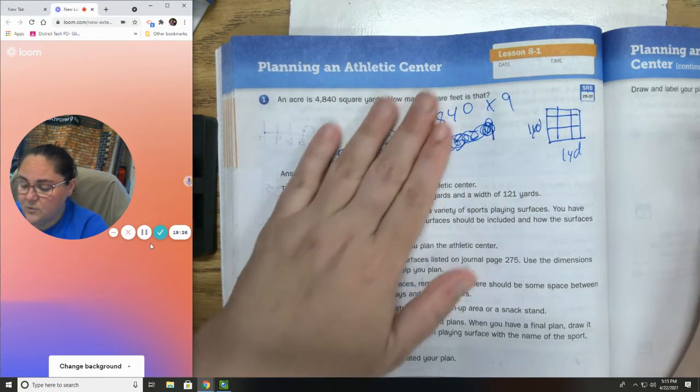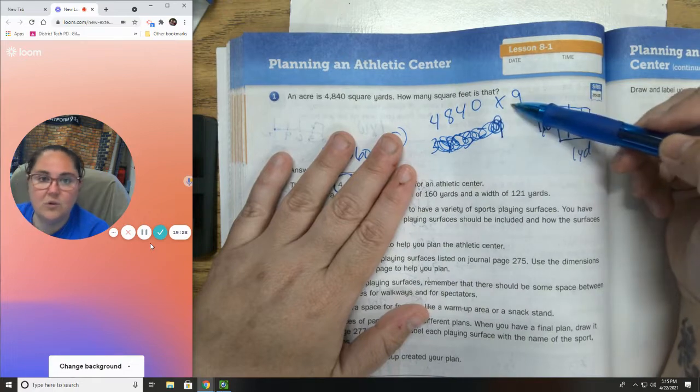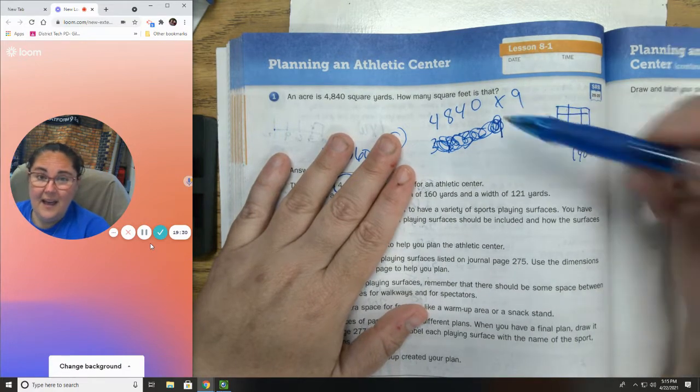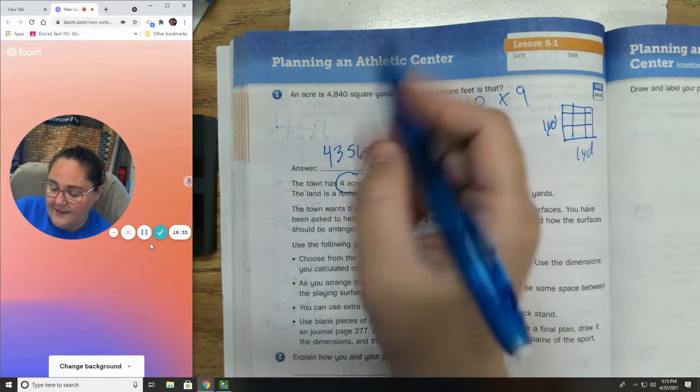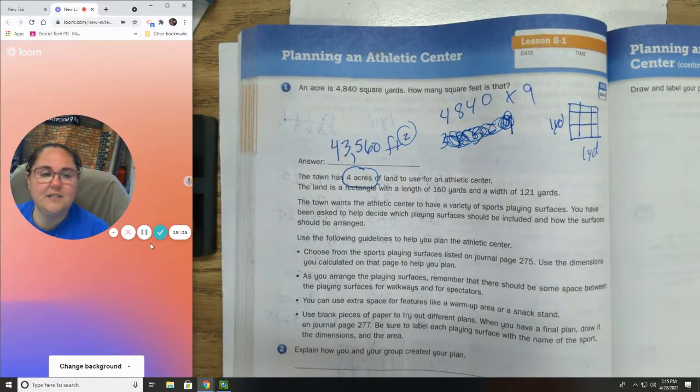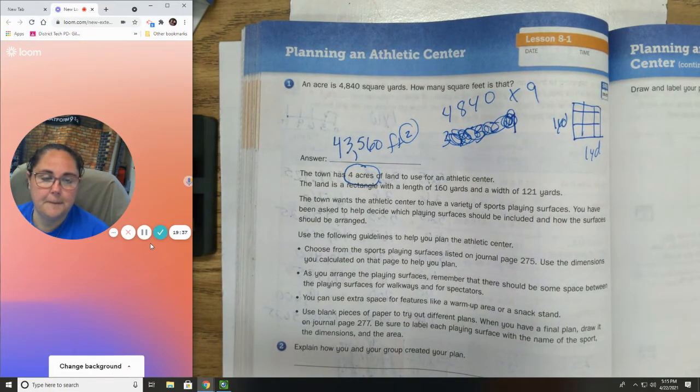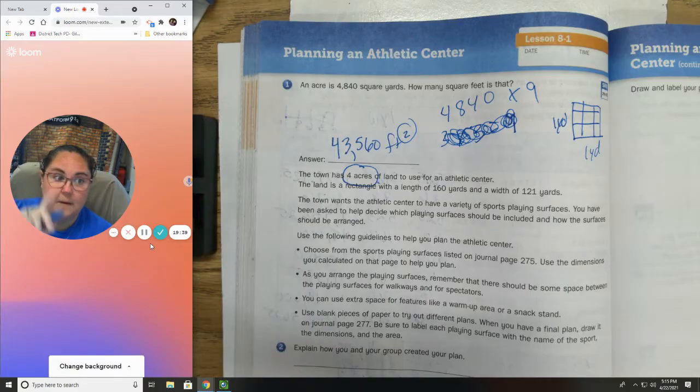So what we're going to do is take that 4,840 and multiply by 9. And I'm going to help you out there. I'm going to give you the answer. We have 43,560 square feet. That's 1 acre.